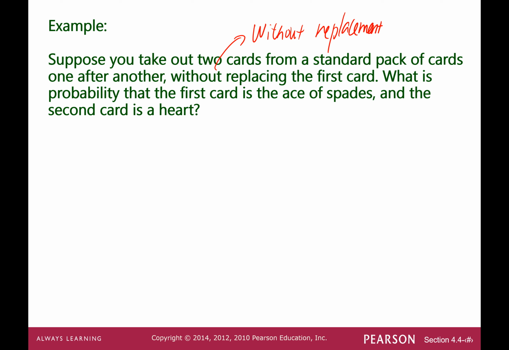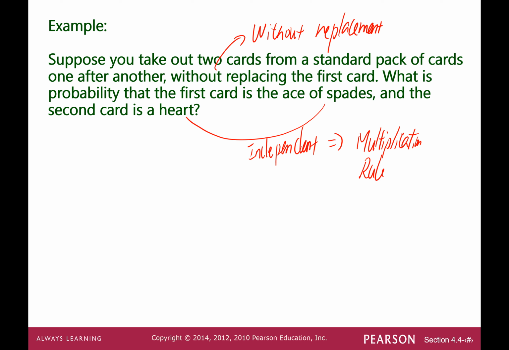First of all, these 2 events are not mutually exclusive, because the ace of spades has no overlap with the hearts, so we apply the multiplication rule.